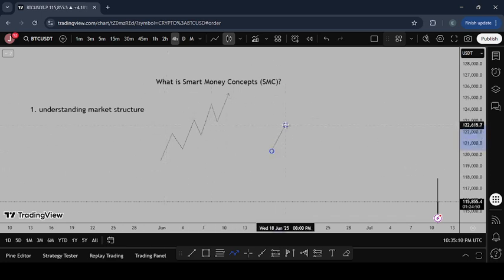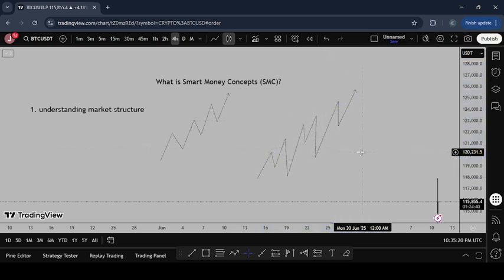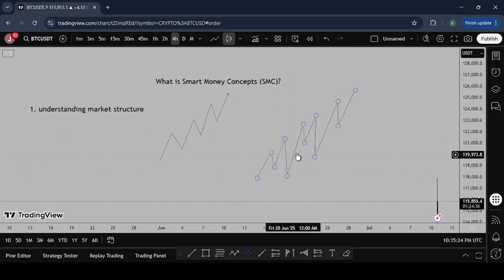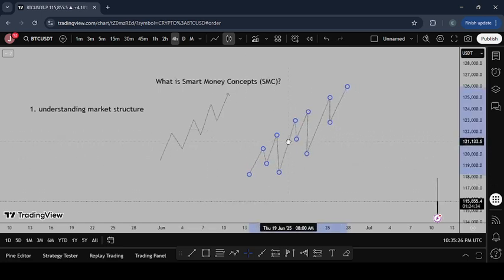You can have the market moving like this, still in an uptrend. Instead of just creating higher highs and higher lows, you can have the market also creating internal structure as it goes.